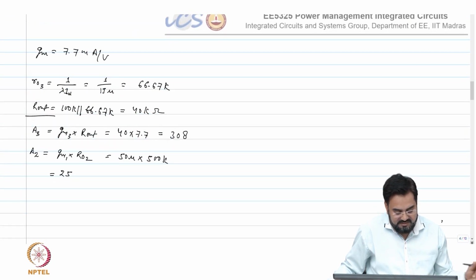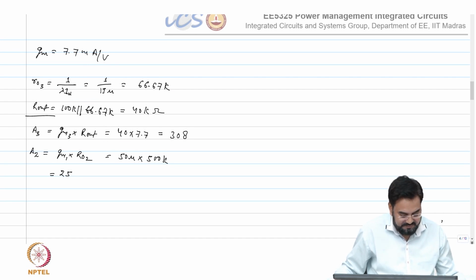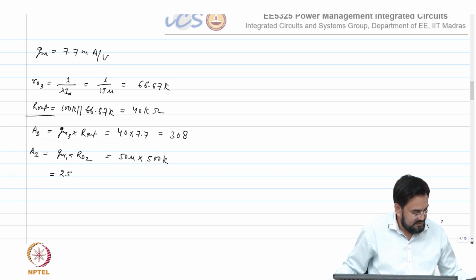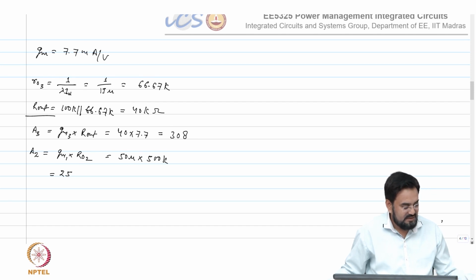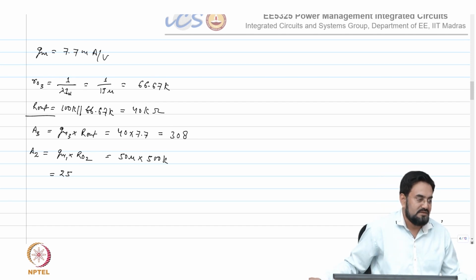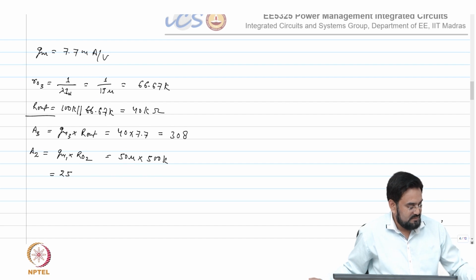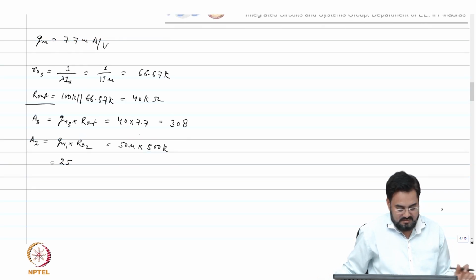So now your overall gain is obviously not small, it's pretty large actually. 25 multiplied by 7700. So how much is it?